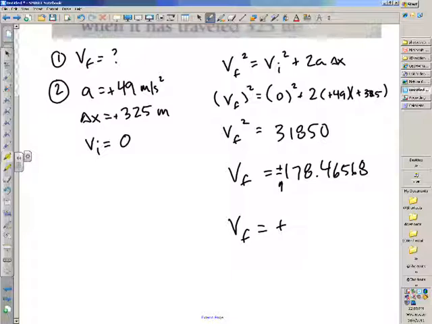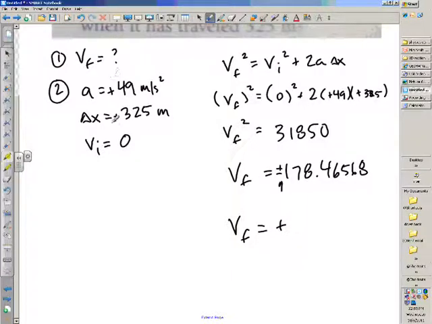Remember those positive and negative signs. We're using math to help us model the motion of this object. But physically, those positive and negative signs tell us something about that motion. So while mathematically there are 2 answers to this question, there's only one answer that makes sense physically.